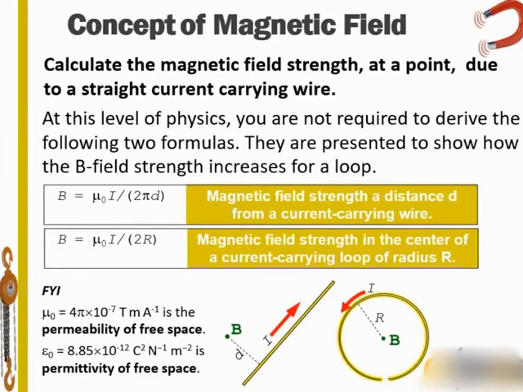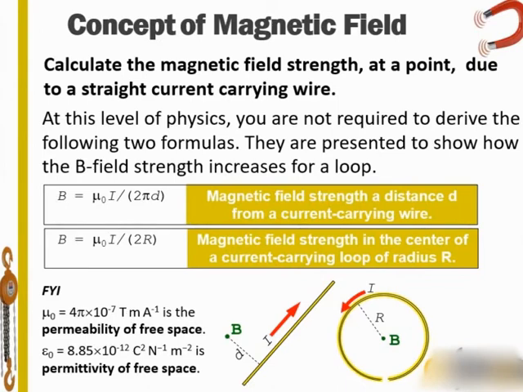But let's say you had an insulated wire and you placed it in water and you wanted to find the magnetic field strength at a point, at a distance d from the wire in the water, then the permeability constant mu would be different than if it was in air, because obviously air and water are different mediums.